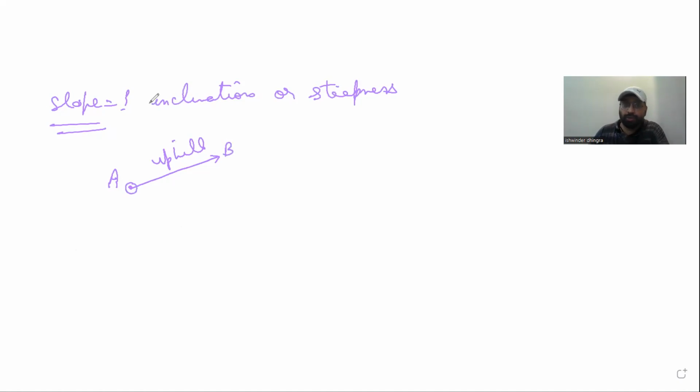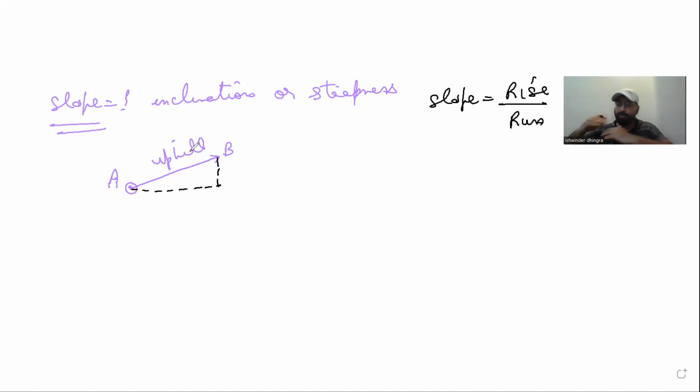Slope is generally defined by rise over run. You need to draw imaginary lines this way. Rise means how much distance you have risen from point A to B. Run means how much distance in the horizontal direction you have covered.